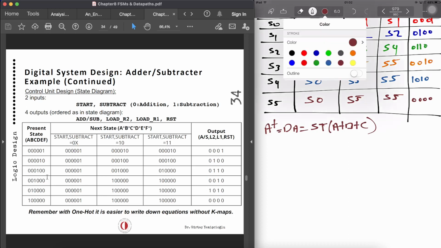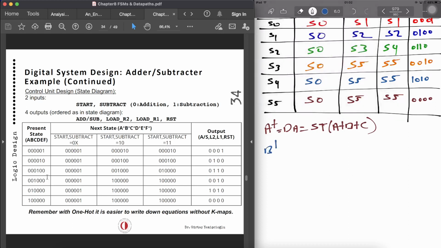Then flip-flop B, which is state S4. Flip-flop B is activated where we have 0, 1, 0, 0, 0. There's only one place where we have 0, 1, 0, 0, 0. This is where D is activated, and where start is 1 and subtract is 1.